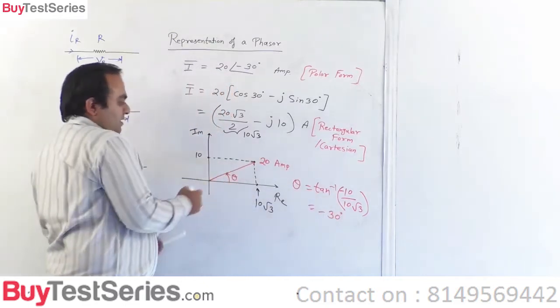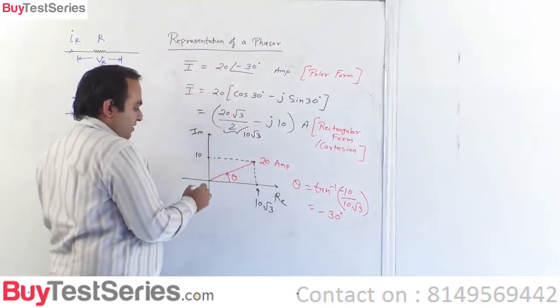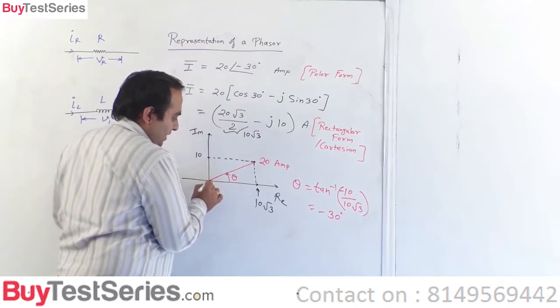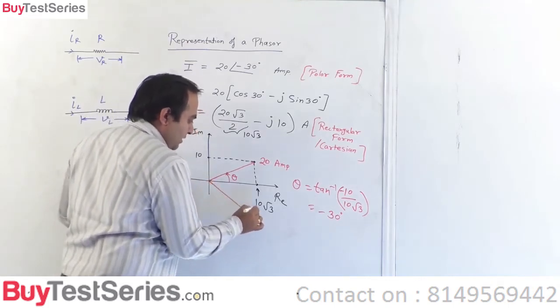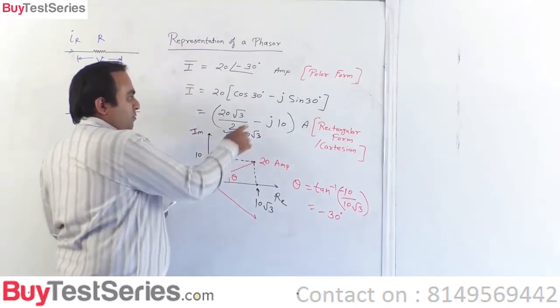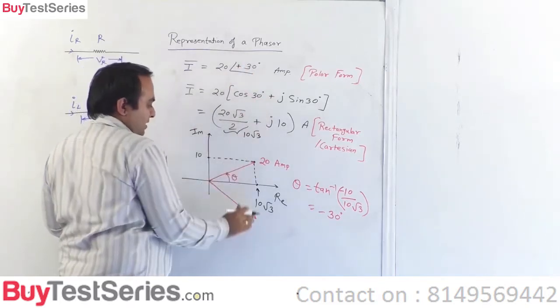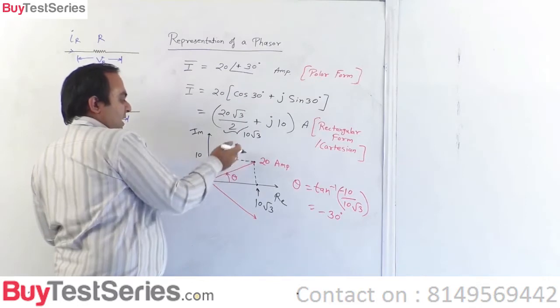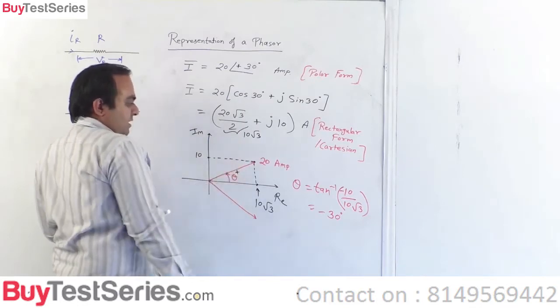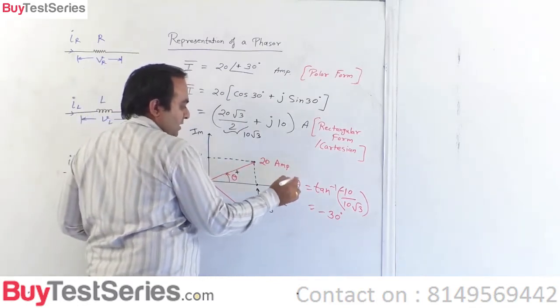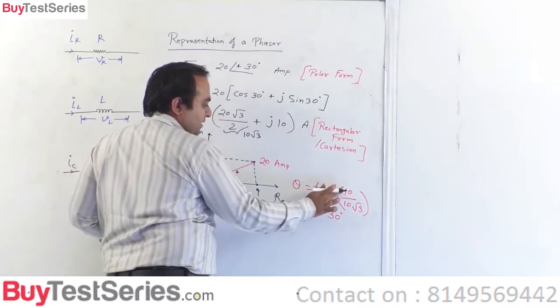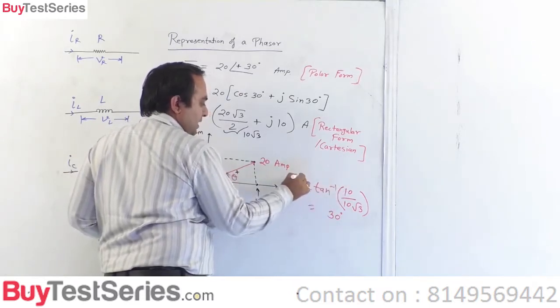So if it is plus 30, then minus 30 will be downwards, so minus 30 will come out here. If it was plus and plus, then it will be theta on the positive side. So this is theta plus.